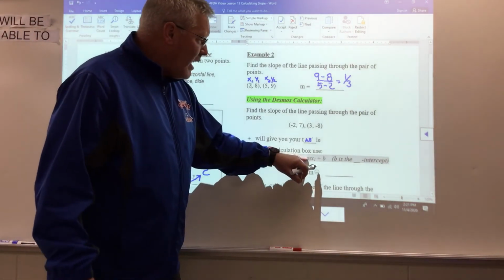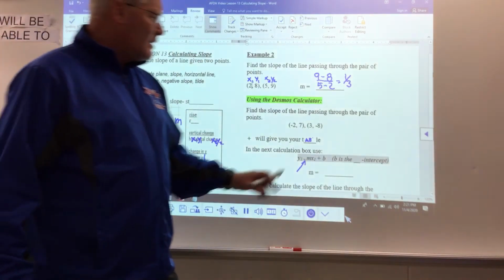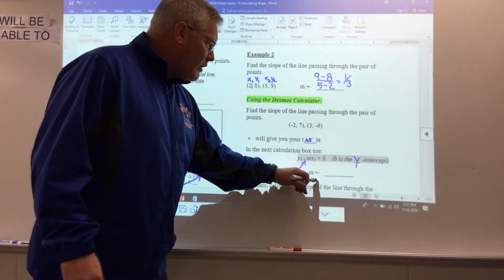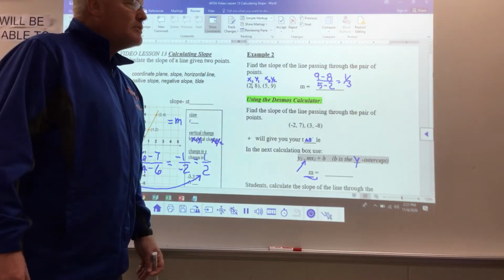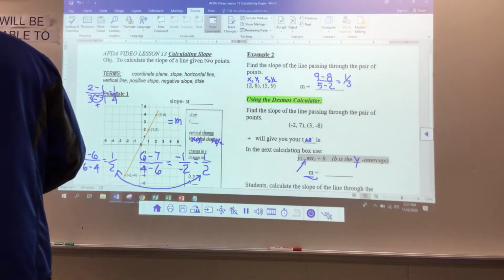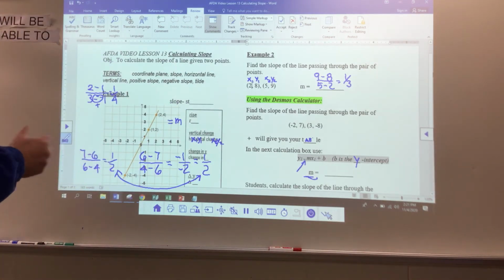You're going to type in m, x with the little 1, plus b. Now if you remember way back in the day, the b is the y-intercept. We're not looking for that. We are looking for the m. So let me demonstrate that for you here real quick. Let me make sure I've got my points. So I've got the points -2, 7, and 3, -8.